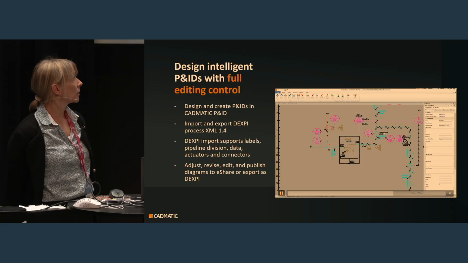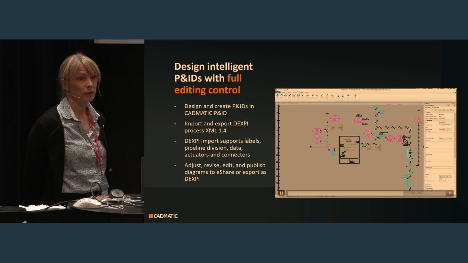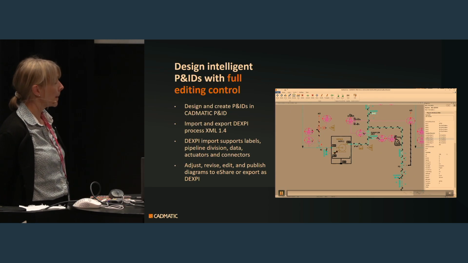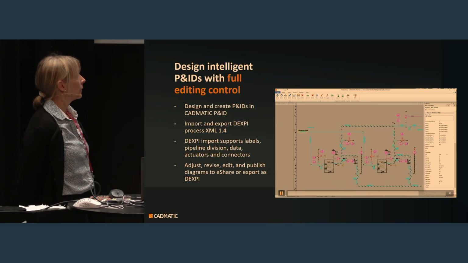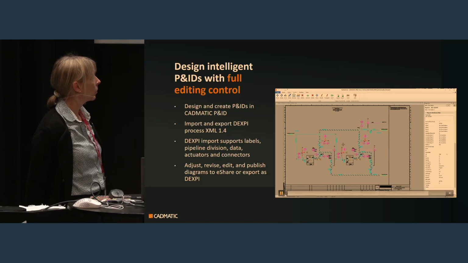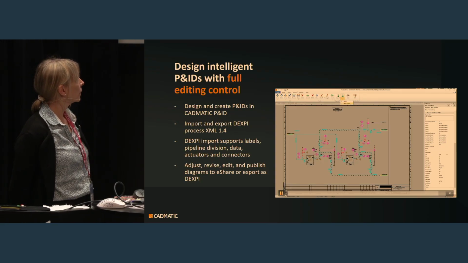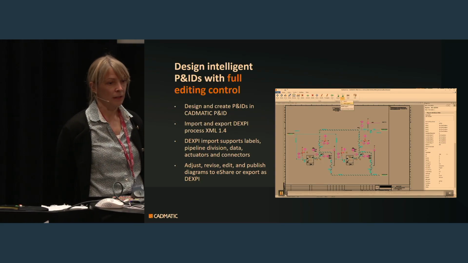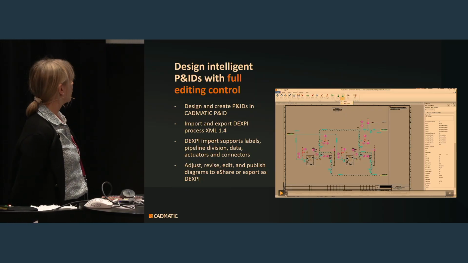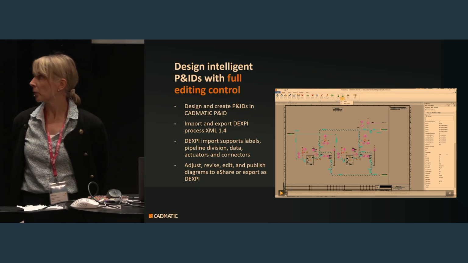Some of the symbols are replaced, like the instrument symbols, but many of the symbols can be custom symbols, so they can be exactly like in the original documents. It doesn't need a massive amount of PNIDs to make this a sensible choice for your product, so it is quite easy to configure. Of course, if we talk about just a single PNID, it might be worth redrawing it, but when we talk about 50 or more, it definitely makes sense to convert them via DEXP and import.